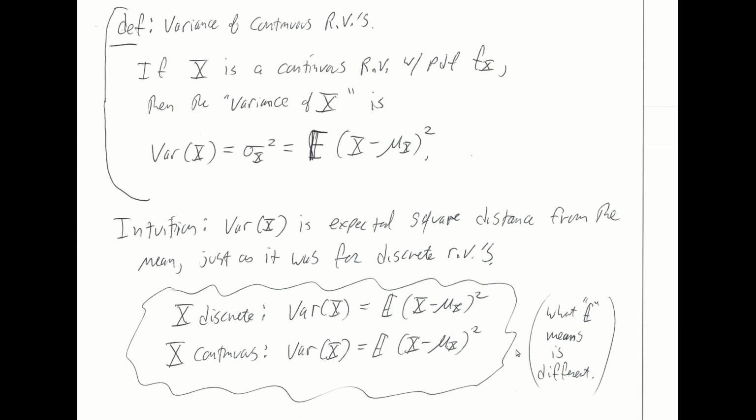Looking at the formulas for variance for the cases of discrete and continuous random variables, they look exactly the same. The difference is that expected value is defined slightly differently in these two contexts. So here this expected value is a sum, and this expected value is an integral. But even that is largely a cosmetic difference.